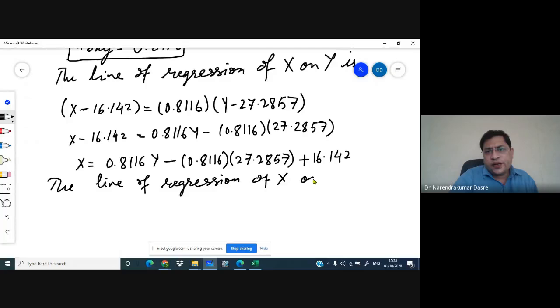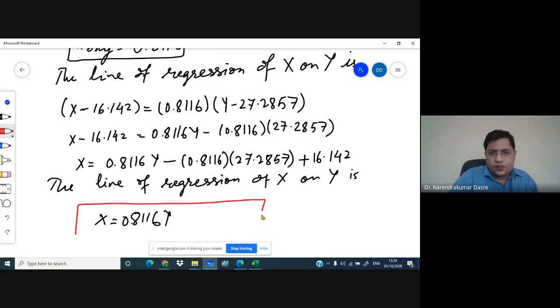So we got the line of regression of x on y as x is equal to 0.8116y, and then what is the value you are getting? You just calculate this coefficient and give me the value.